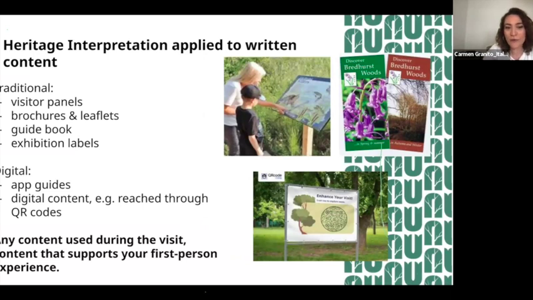Obviously, today we also have other tools like app guides or any kind of digital content that you can access with your mobile phone, just scanning a QR code, for example. So basically, it's about any content that is used during the visit, which is supporting your first-person, live experience.